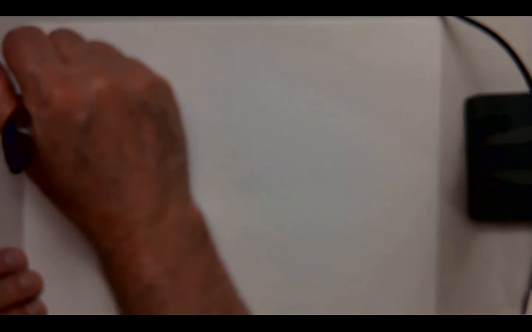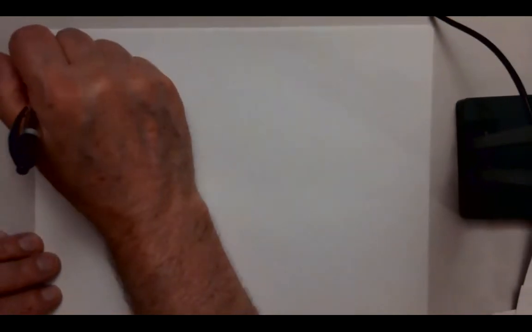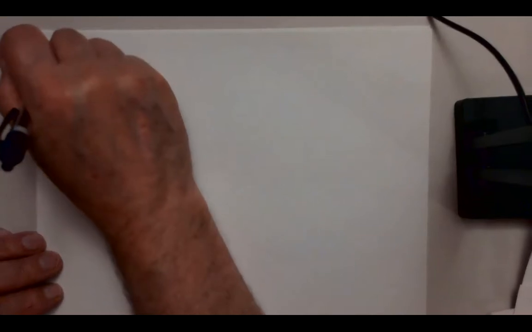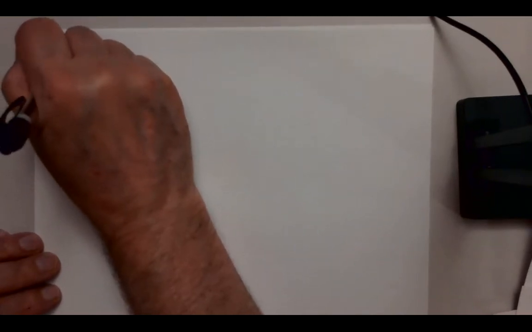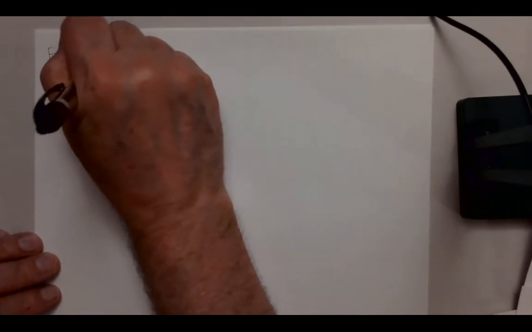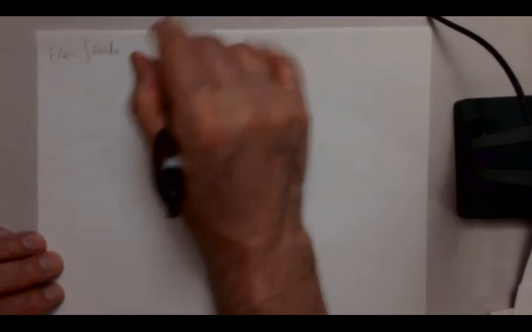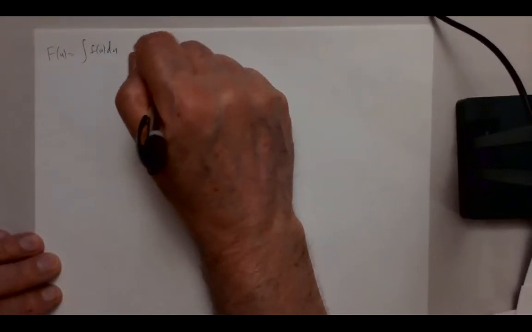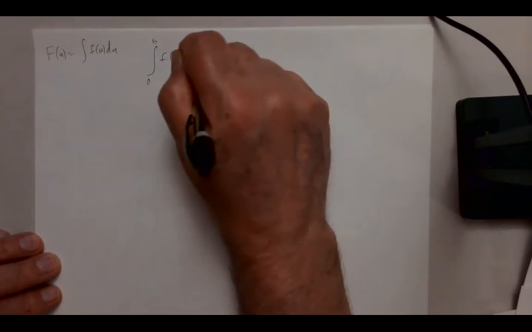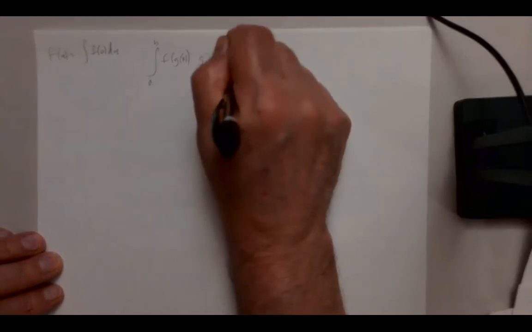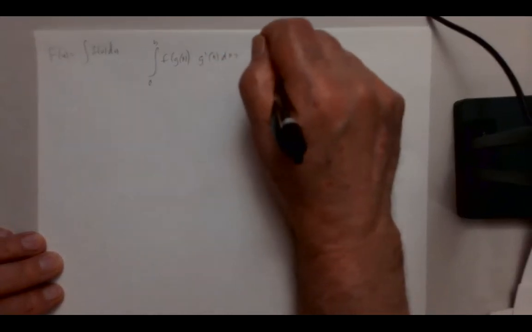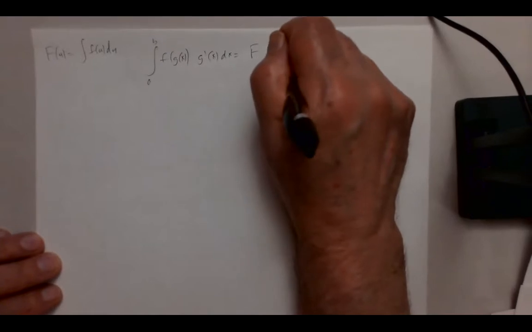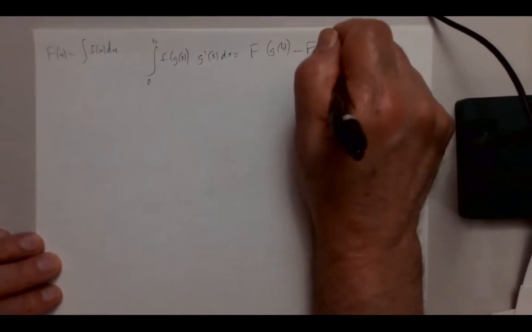So again, let me write down this change of variables formula. If capital F of u is the integral of little f of u du, then the integral from a to b of f of g of x, g prime of x dx, is capital F of g of b minus capital F of g of a.